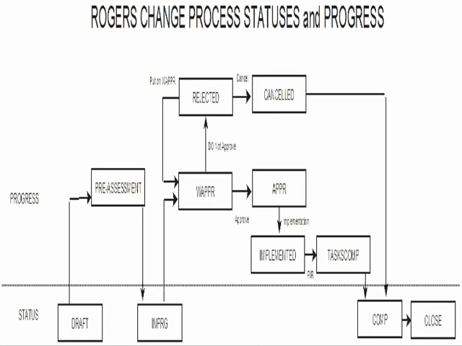This entire new modified process is ITIL aligned, so there is no question about whether these new statuses and progress are ITIL aligned. We are following all the standard activities and statuses that are ITIL compliant.